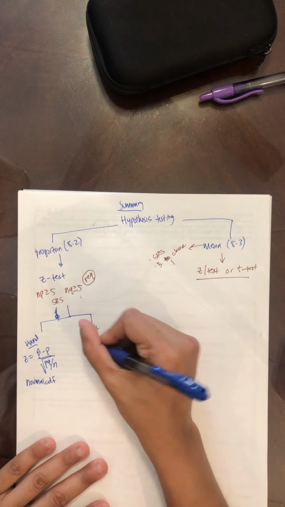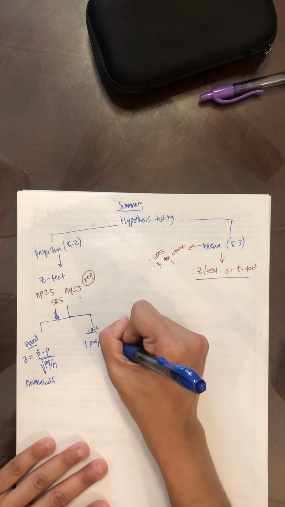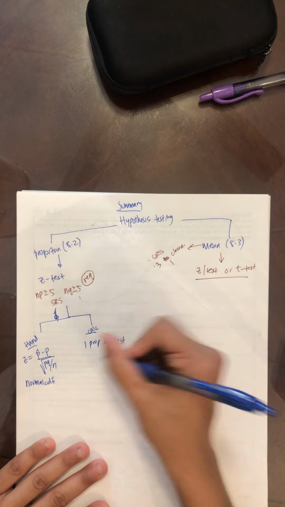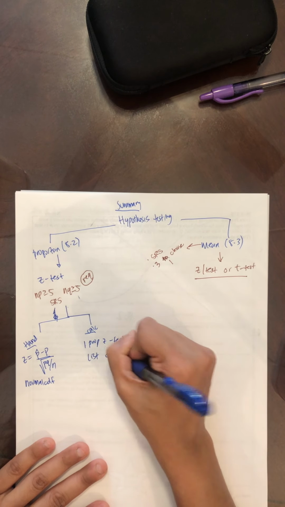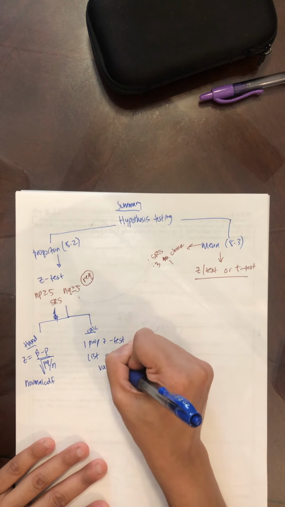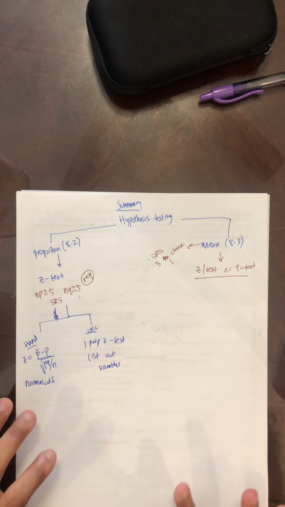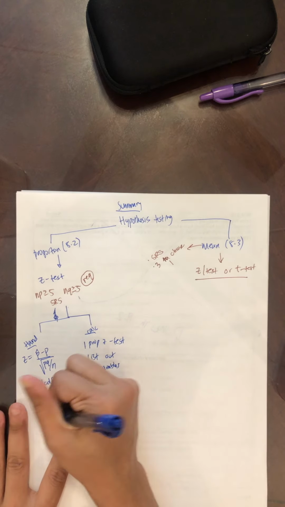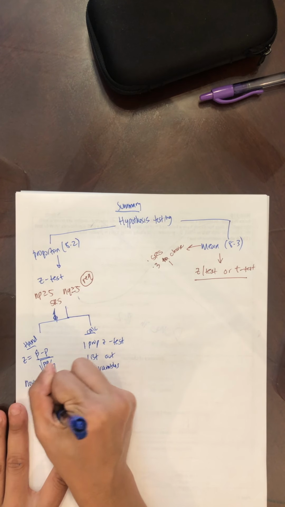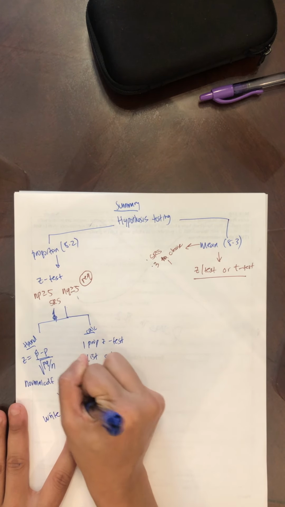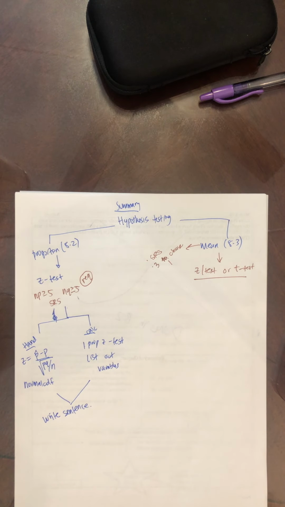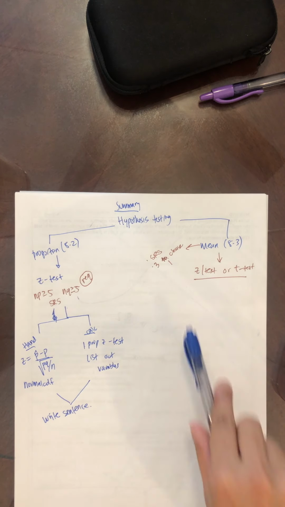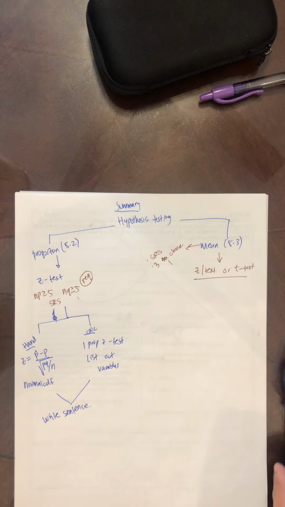If you're doing this by calc, you're going to use a 1-prop z-test, and you're going to list out variables. Pretty simple. Then from here, you're going to find your p-value, and you're going to write a sentence. And that's it.